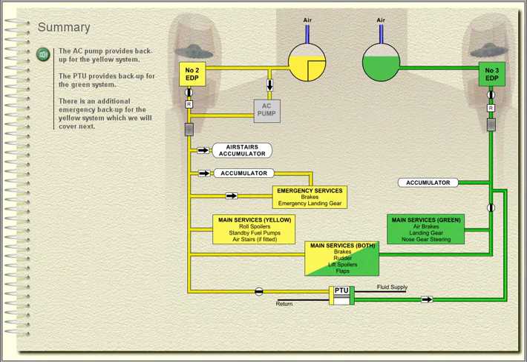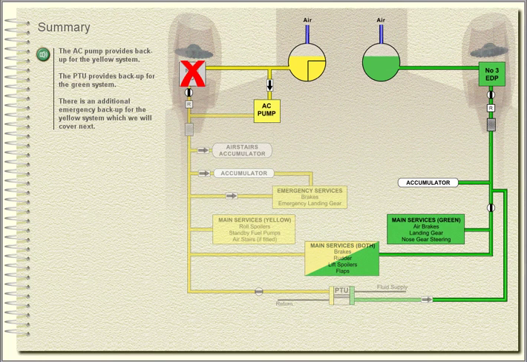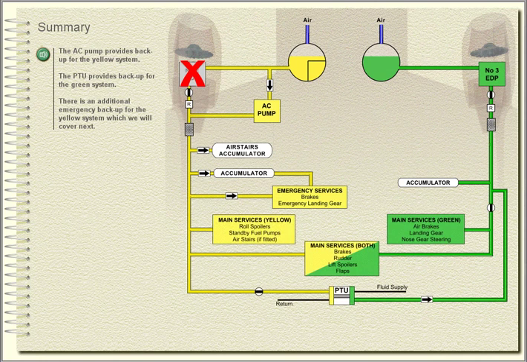Summary. The AC pump provides backup for the yellow system. The PTU provides backup for the green system.